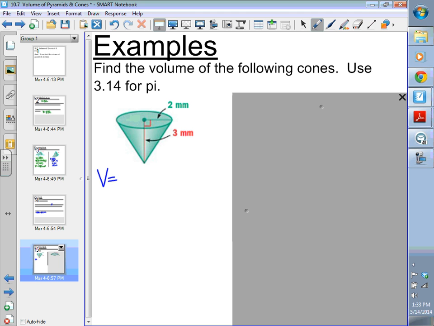Volume is equal to 1/3 pi r squared times h. So we've got 1/3 times 3.14 times 2 squared times 3.